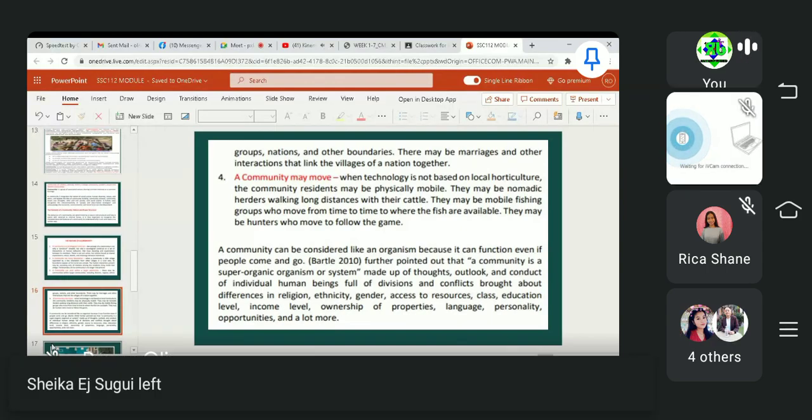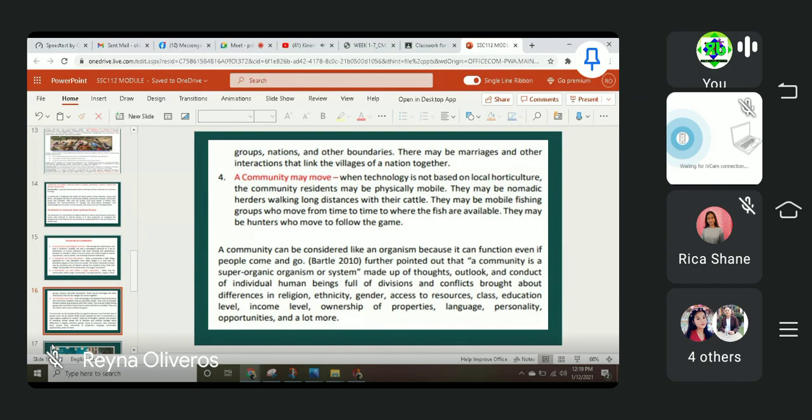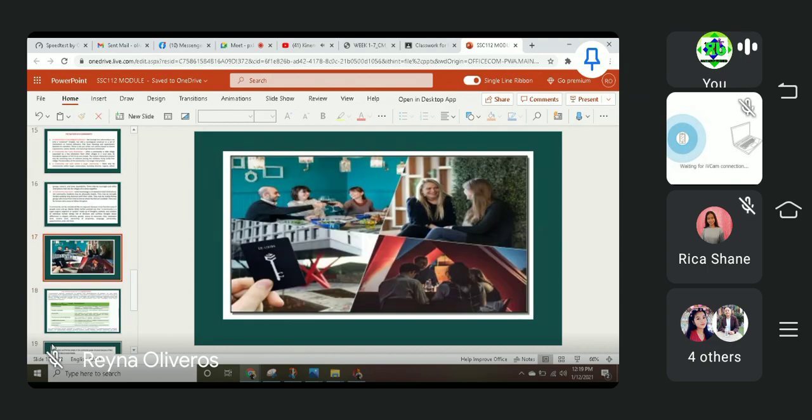So, lagi nating titingnan that some communities are made up of thoughts, outlook, and conduct of individual human beings that is full of divisions and conflicts brought about by differences in either religion, ethnicity, access to resources, class, education, the income level, ownership of properties, language, personality, opportunities, and a lot more. Marami kasi yan eh. 'Di ba? Maraming aspect yan. Marami yan pwedeng tingnan, bago natin mas maintindihan pa yung komunidad o yung isang komunidad.